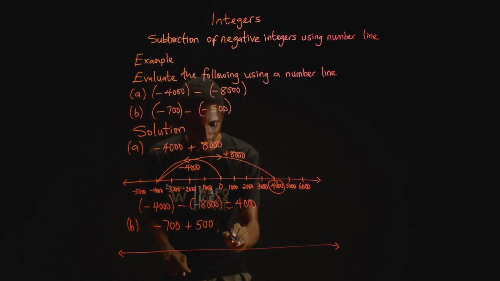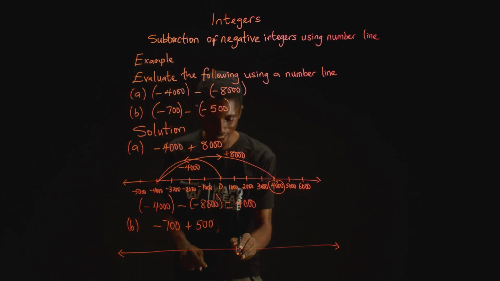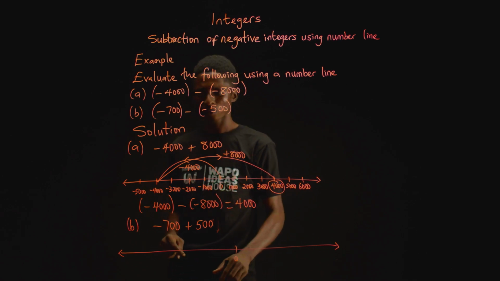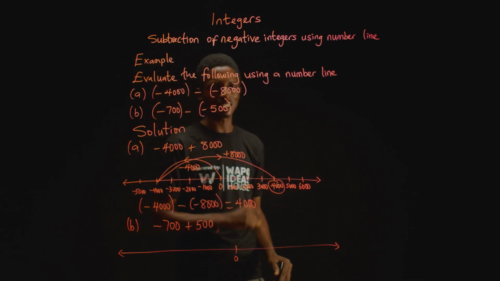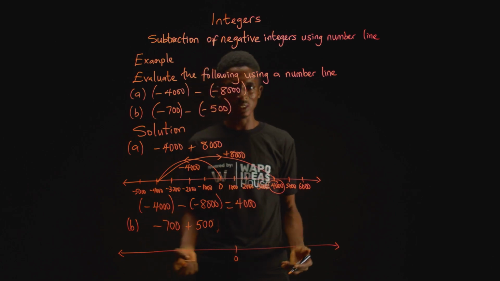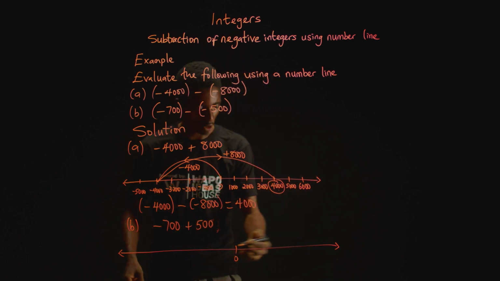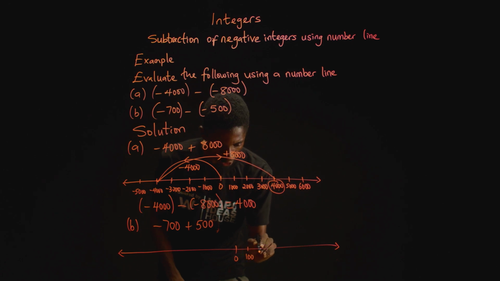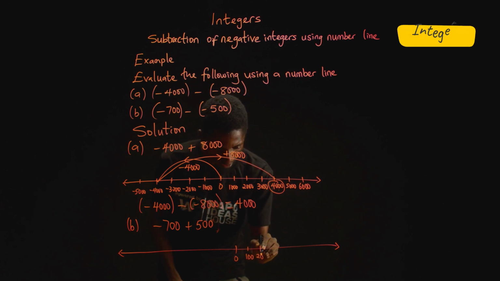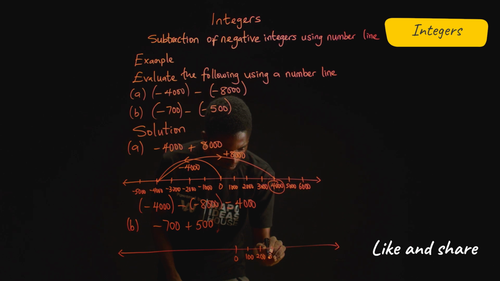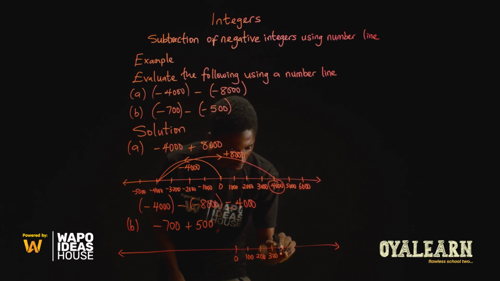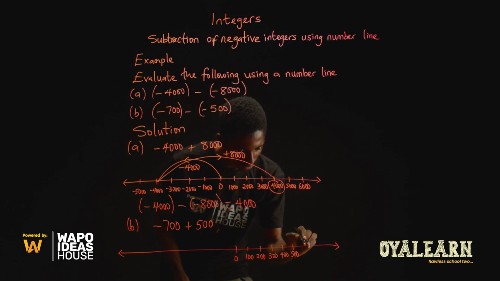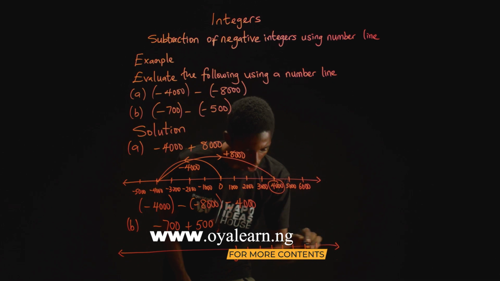On the number line, we then indicate our integers from 0. Now we are dealing with hundreds, so each step can then represent 100. So if we are going to the right, the first step will be 100, followed by 200, 300, 400, 500, 600, 700.